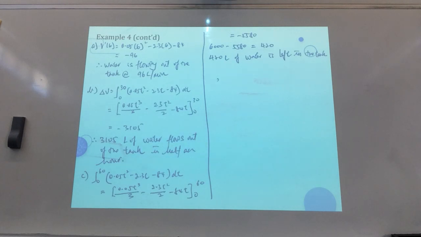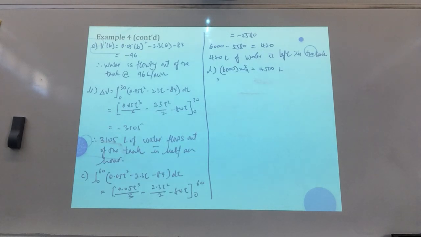Part D: how long will it take to reduce the amount of water in the tank to a quarter of the storage capacity? Another bit that you need to think about is how to calculate a quarter. You want 3/4 to flow out, which is 4,500. You can work out a quarter and then take it away from 6,000, or just make sure that straight away you do 6,000 times 3/4.